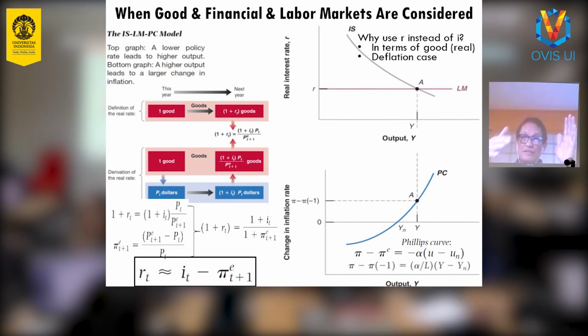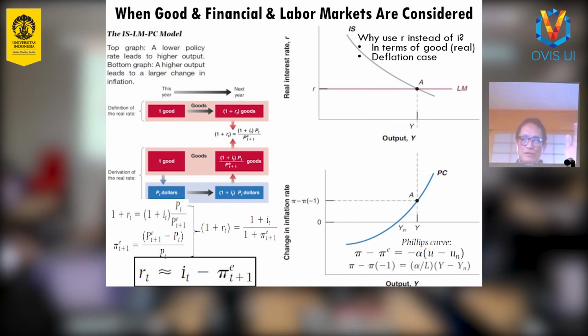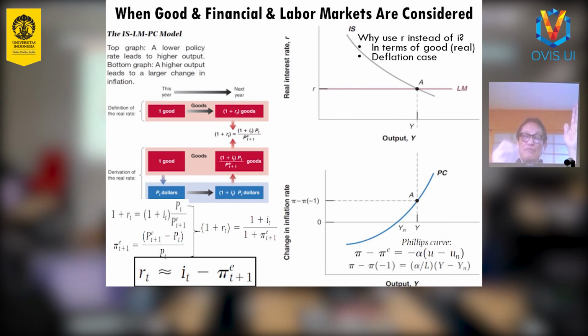There is a negative relation. Next week, I hope the TA reminds me, I can show you. When they plot the data of the 1970s, it shows nicely the negative relation between price level and unemployment. So the main purpose of the Phillips curve theory is to show the relation between unemployment and price. That's the original purpose.